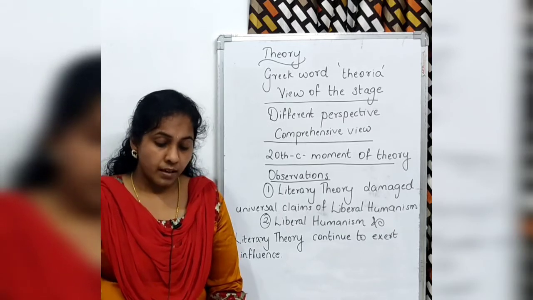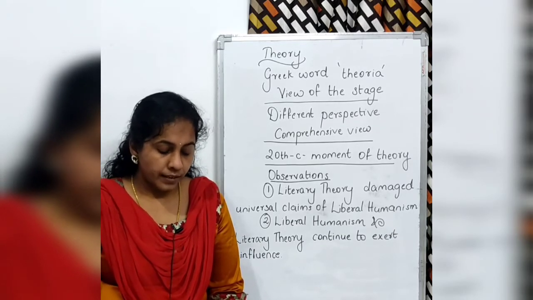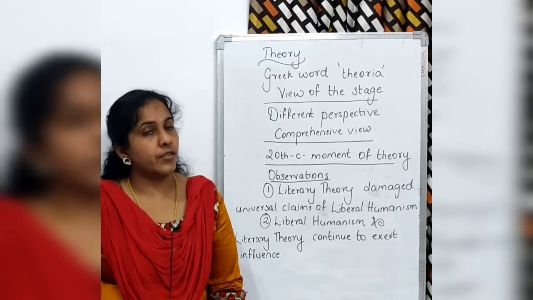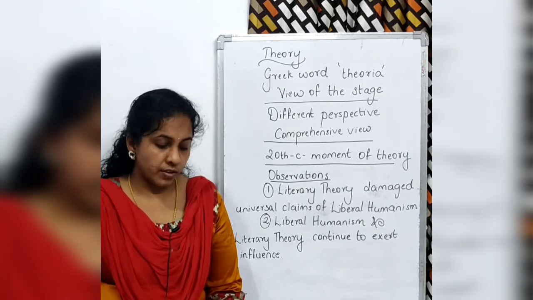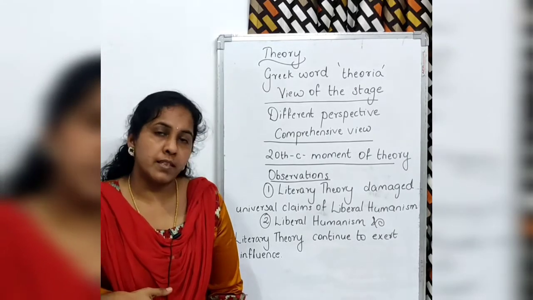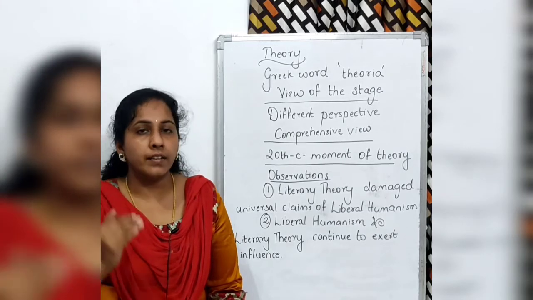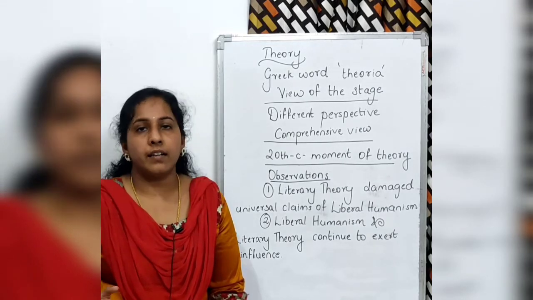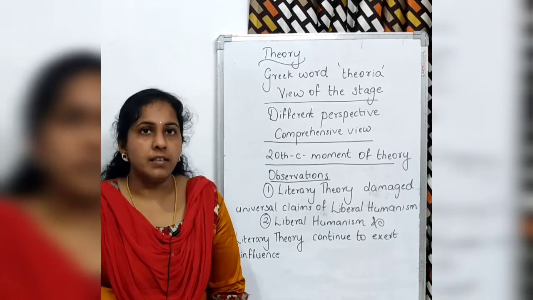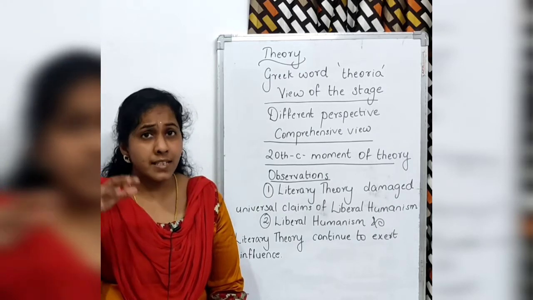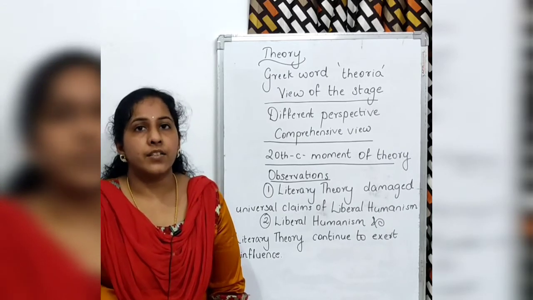Second observation is that both liberal humanist theories and literary theories continue to exert their influence in literary studies. Both of them still have an influence in the literary circle.